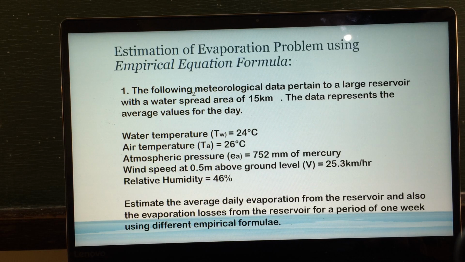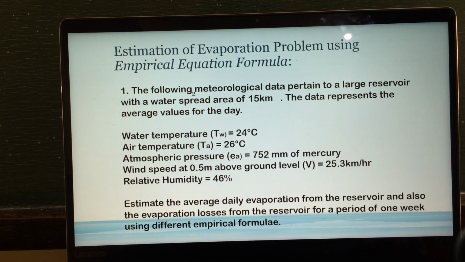Air temperature, or T sub A, is equals to 26 degrees Celsius. Atmospheric pressure, P sub A, is equals to 752 millimeter of mercury. Wind speed at 0.5 meter above ground level, or V, is equals to 25.3 km per hour. Relative humidity is equals to 46%.